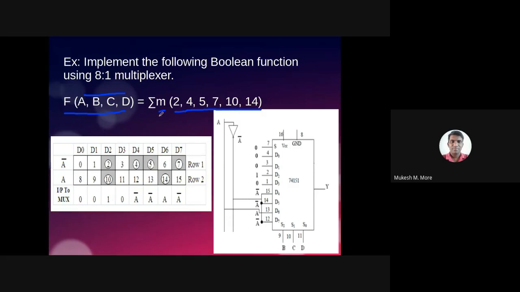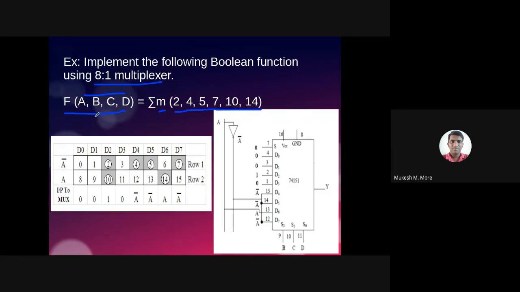Now, we have used the 74151 IC, and in that there are only 3 select lines. But we have to implement this with an 8 is to 1 mux.